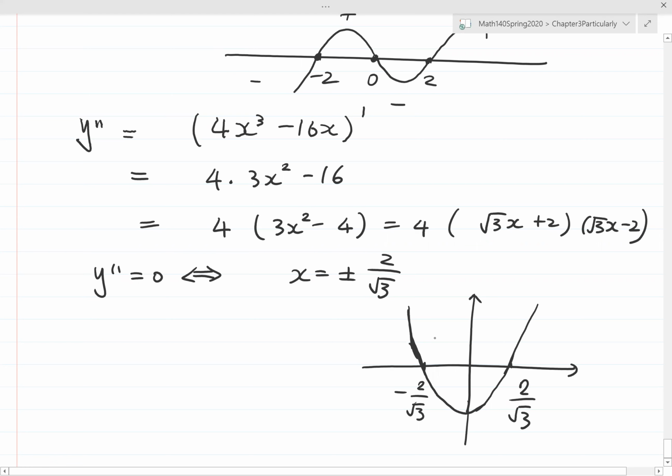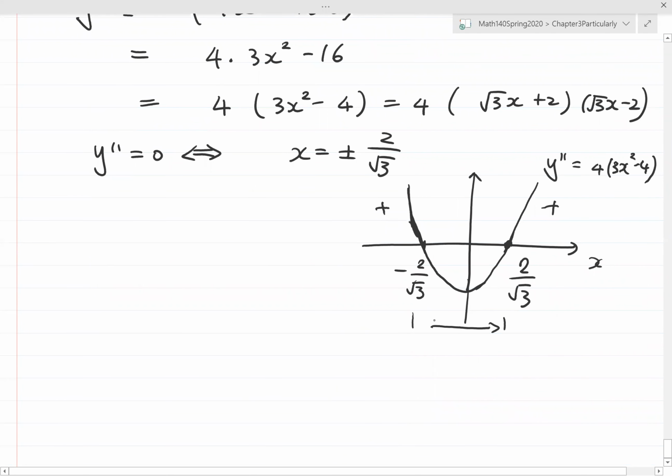It's a concave up quadratic with two intersections with the x-axis, 4 times 3x squared minus 4. So this part is positive, this part is positive, and from negative 2 over root 3 to positive 2 over root 3, this part is negative. So we know the intervals of increasing and decreasing, and the intervals of concave up and concave down.